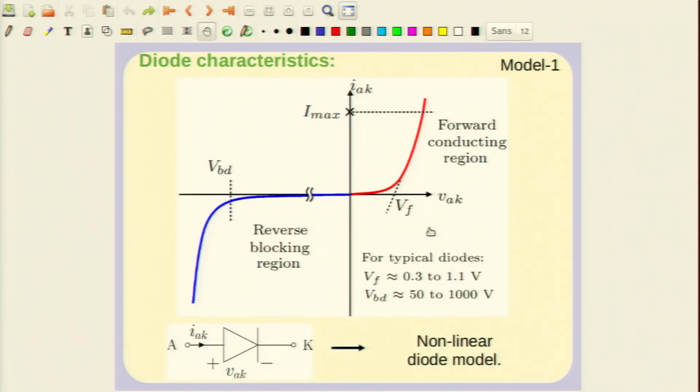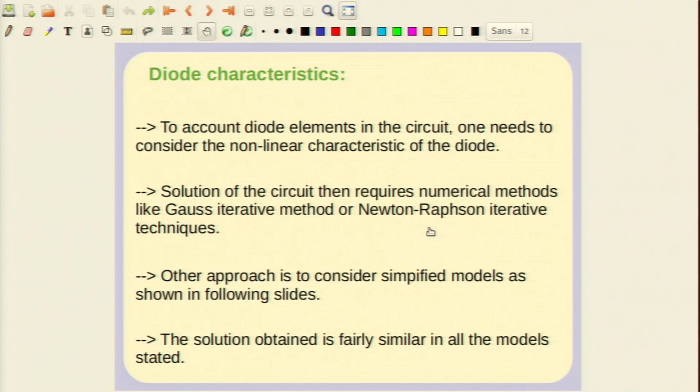To solve circuits with diodes, if one takes a nonlinear characteristic, then solution of the circuit would require us to solve the circuit using an iterative method, that is Gauss-Seidel method or Newton-Raphson method.